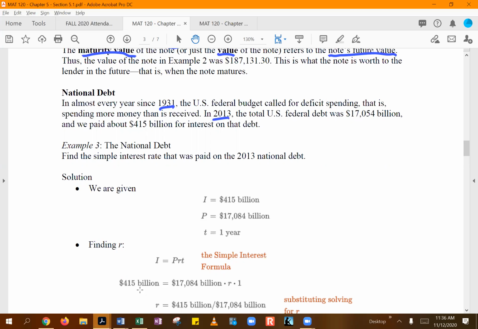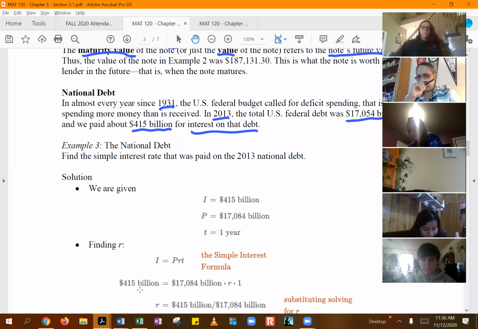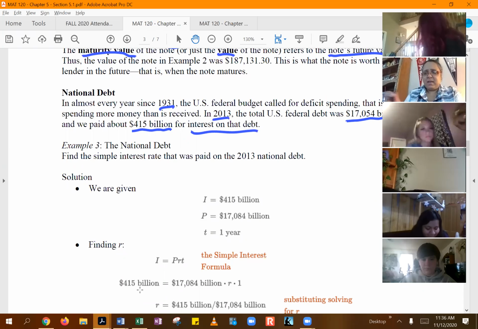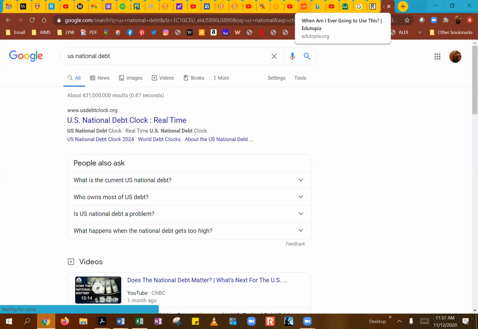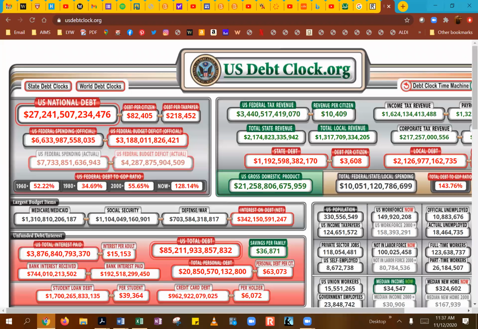They're saying in 2013, the total US federal debt was 17,054 billion. And we paid about $415 billion for interest on that debt. And of course, we're looking at what, trillions now in our US national debt. Honestly, I don't even try to look that number up because it's a very scary number.